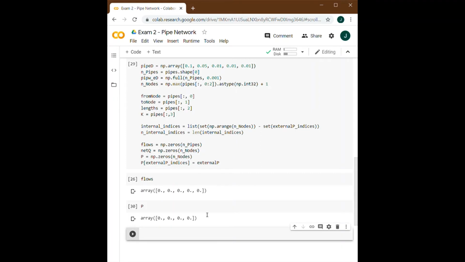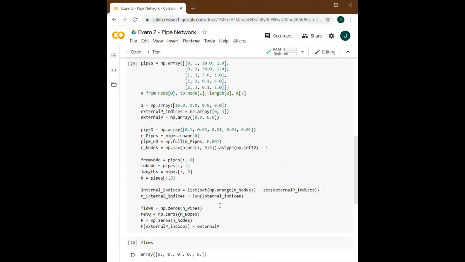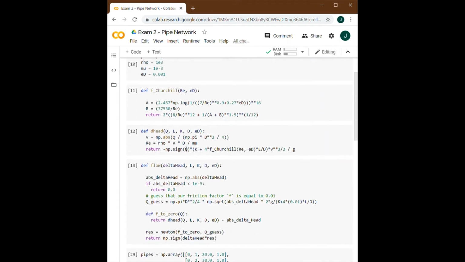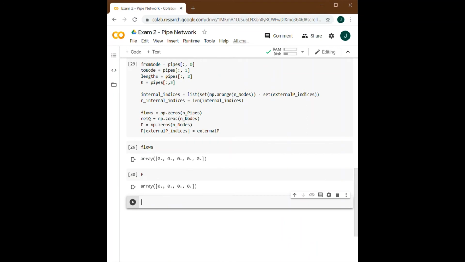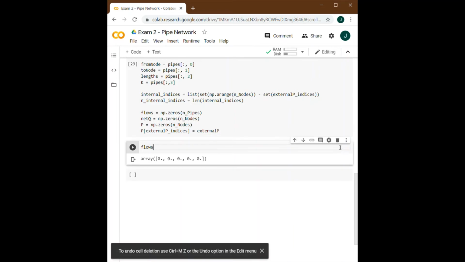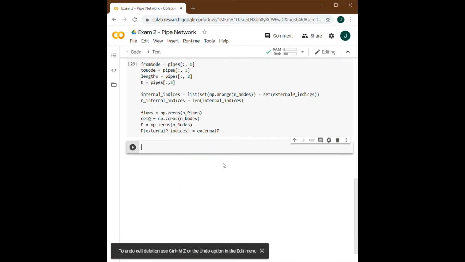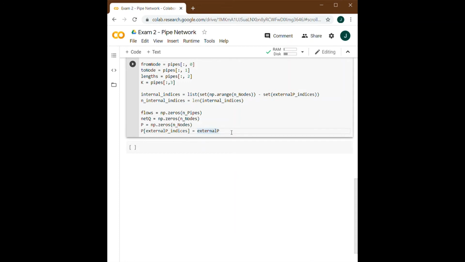So now what we're going to do is create a guess, just like we did up here, where we had to guess our friction factor. We're going to guess the pressure within these 2 nodes as a starting point.